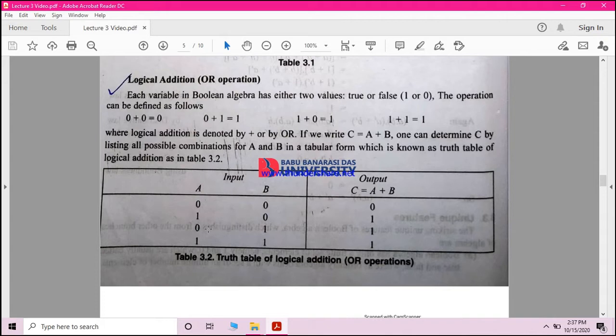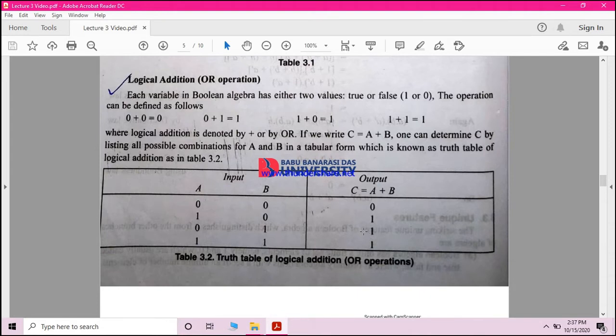In the same way, when one condition is false and one is true, your answer will be true. And when both the conditions are true, the answer will also be true. You can simply remember the logical addition or OR operation truth table by this simple statement: if either of the inputs is high, then your output will be high. When both the inputs are low, then only the output is low.